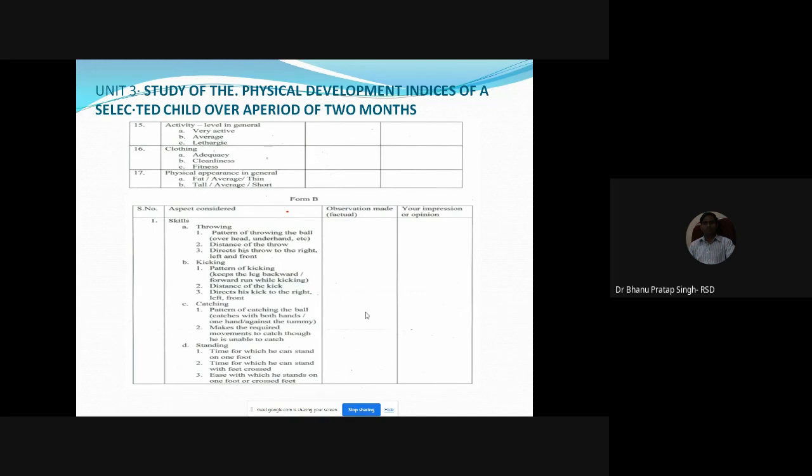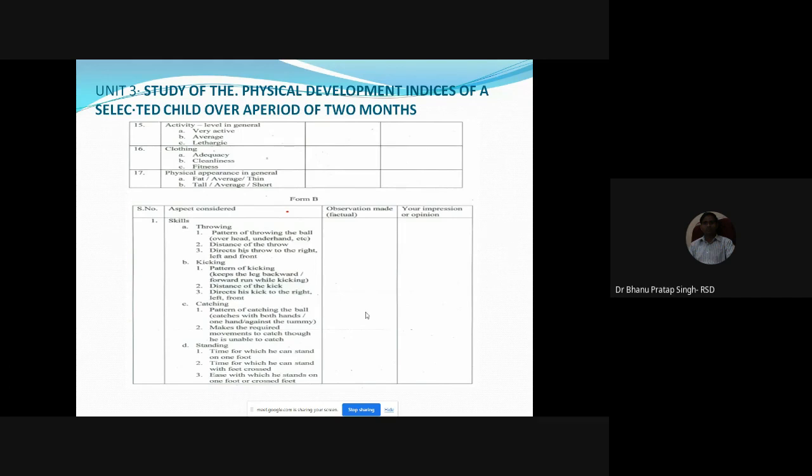Standing position also, time for which he or she can stand on one foot, time for which he or she can stand with feet crossed, and ease, the position where he feels ease, standing on one foot or crossed feet.